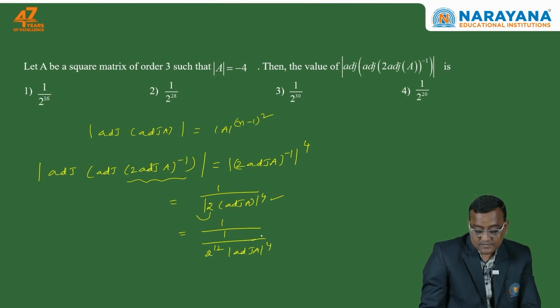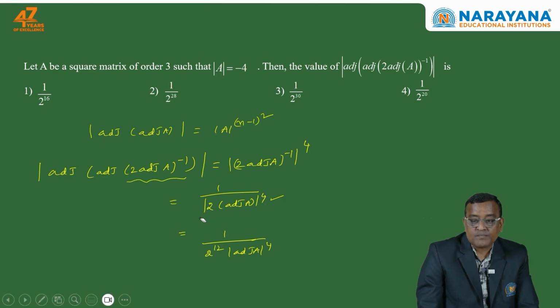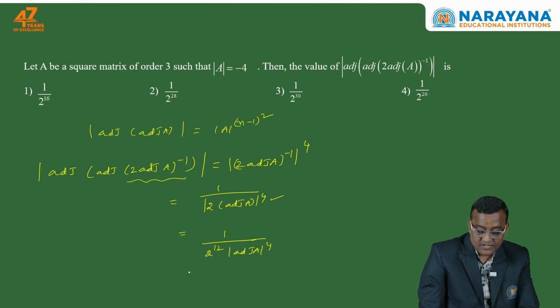And we know det adjoint A is det A power 2. Given here det A is minus 4. So it is 1 by 2 power 12 into (minus 4) whole power 4.